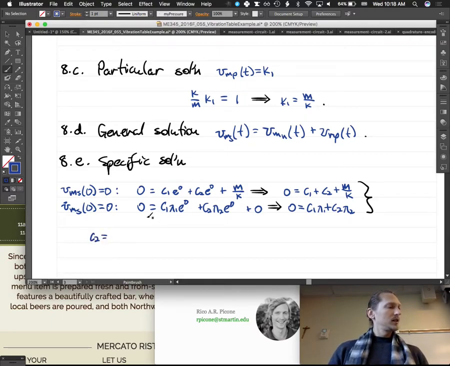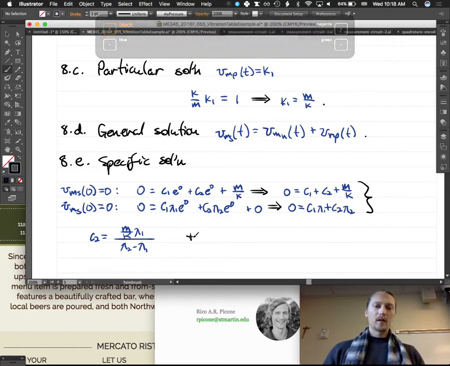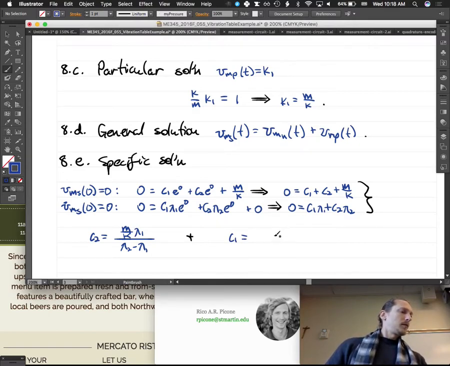C2 equals m over k times lambda 1, all of that divided by lambda 2 minus lambda 1, and C1 is equal to m over k times lambda 2 divided by lambda 1 minus lambda 2.